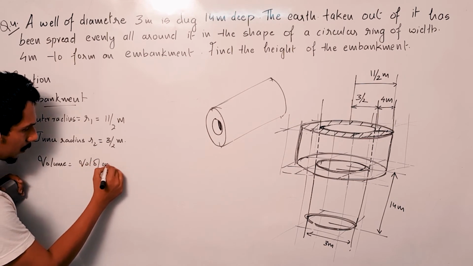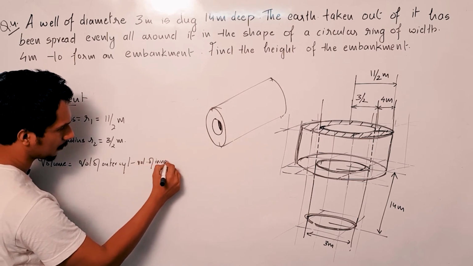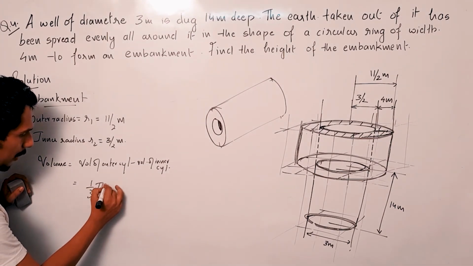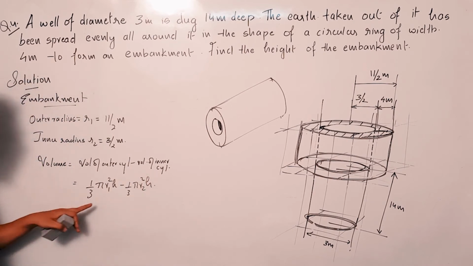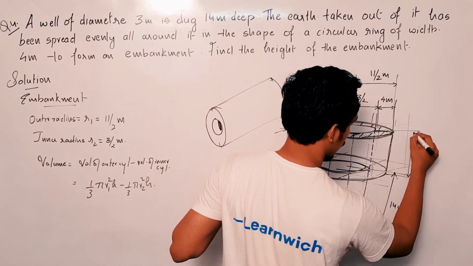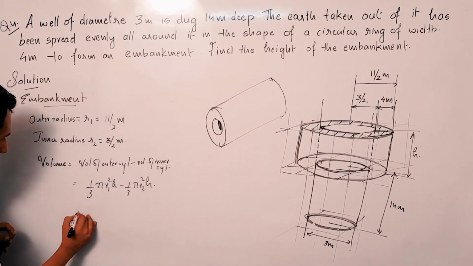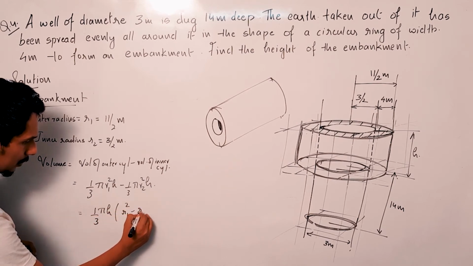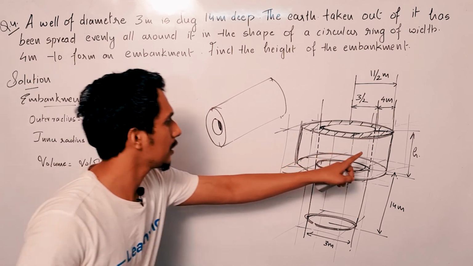Volume of outer cylinder minus volume of inner cylinder. Is that correct? That will be 1 by 3 pi R1 square h minus 1 by 3 pi R2 square h. The height is same for both the cylinders. The well is only up to this portion. Okay. So what can I take out? Can I take 1 by 3 pi h as common? Then I will get R1 square minus R2 square. Easy. So this is the volume of this embankment.